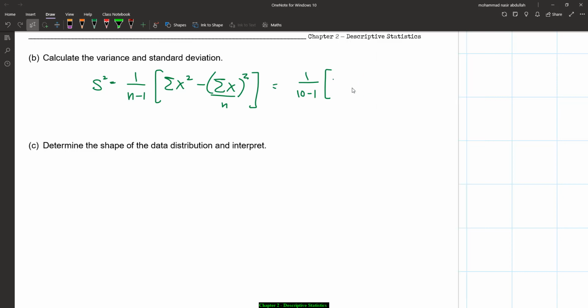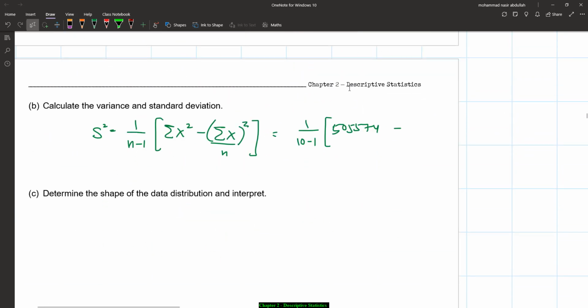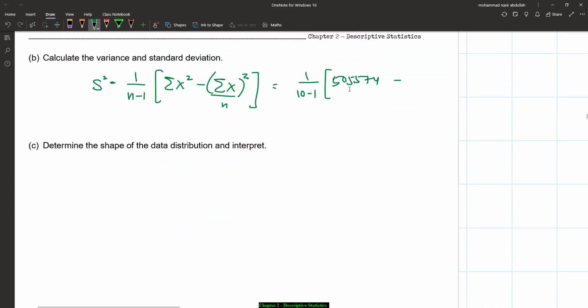505,574. So 505,574 minus, the summation of x is 2,248, to the power of 2, divided by 10.